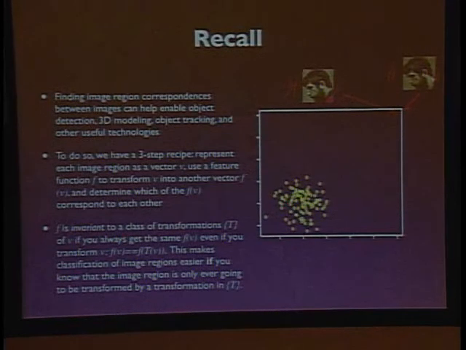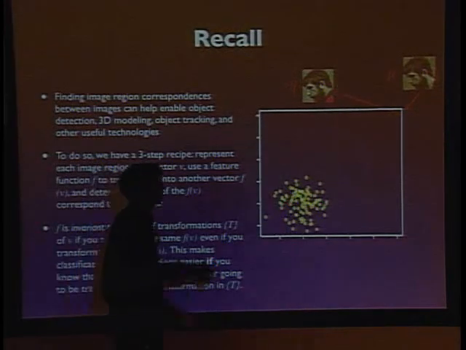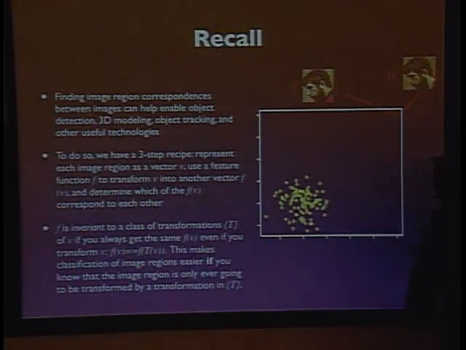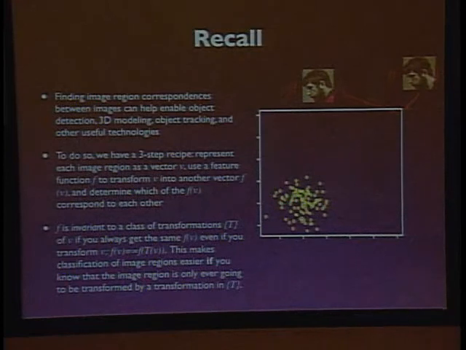And then, once you have converted your image patches into feature vectors, the third step is simply classification, which is to say, given a novel feature vector, look around it in the feature space and see if you see similar ones to it.